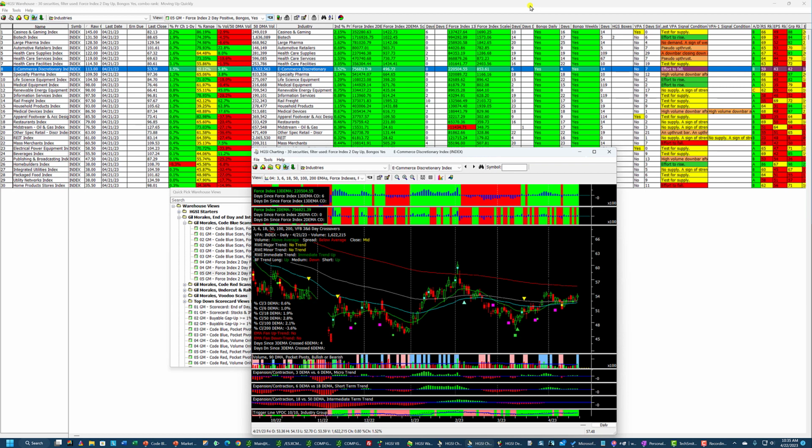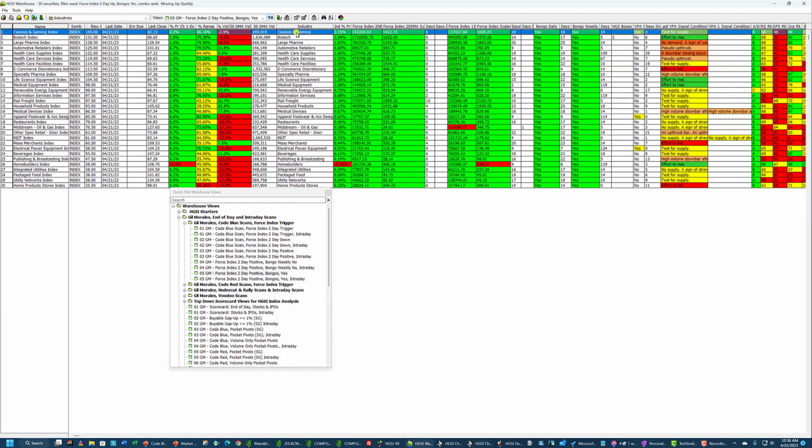We use it a little bit differently than he does, in fact quite a bit differently, but it works because it shows demand and supply, and when you use it in conjunction with the VPA flags and the moving averages, you can get a real feel for what these indexes are doing and what stocks are doing also.